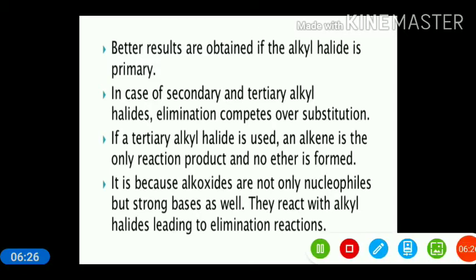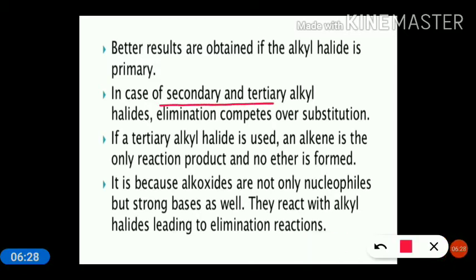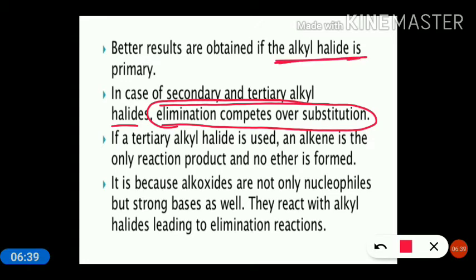In case of secondary and tertiary alkyl halides, elimination competes over substitution. So please keep this in your mind. Alkyl halide should be primary, because on the basis of this concept, many questions are there in NCERT. If tertiary alkyl halide is used, alkene will be the product.